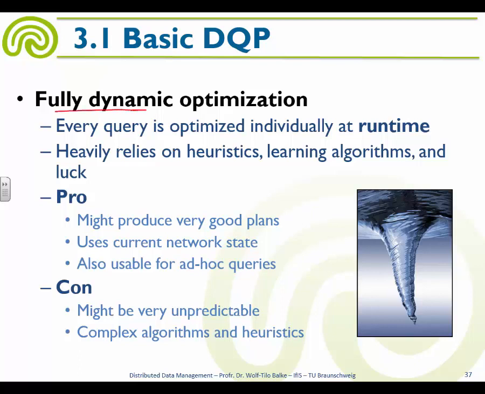Or you can have a fully dynamic optimization, so not at compile time, but at runtime. At runtime, I said measuring is easy, predicting is difficult, right? So the statistics get better, the variance gets lower, because if I just do the prediction for the next second, it's much easier than doing the prediction for half a year from now, when I assume it will be the same, because I prepared the statement at some point in time, half a year ago, when I said every user looking up a product or whatever executes this query with different parameters.